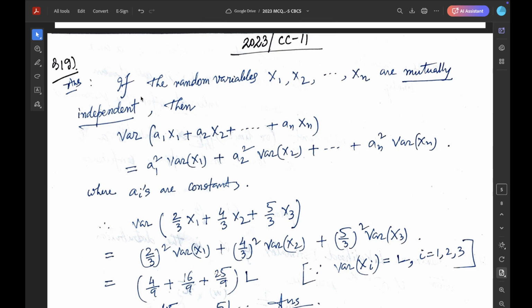Now we know if the random variables X1, X2, ..., Xn are mutually independent, then variance of a1 X1 plus a2 X2 plus ... plus an Xn equal to a1 square variance of X1 plus a2 square variance of X2 plus ... plus an square variance of Xn, where the ai's are real constants.